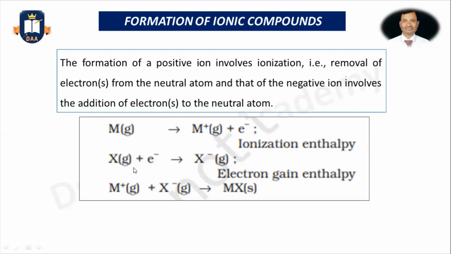Similarly, to form the anion, X, one atom in gaseous form, will take one electron and form one anion, X minus, in gaseous form. So the final reaction is like that.